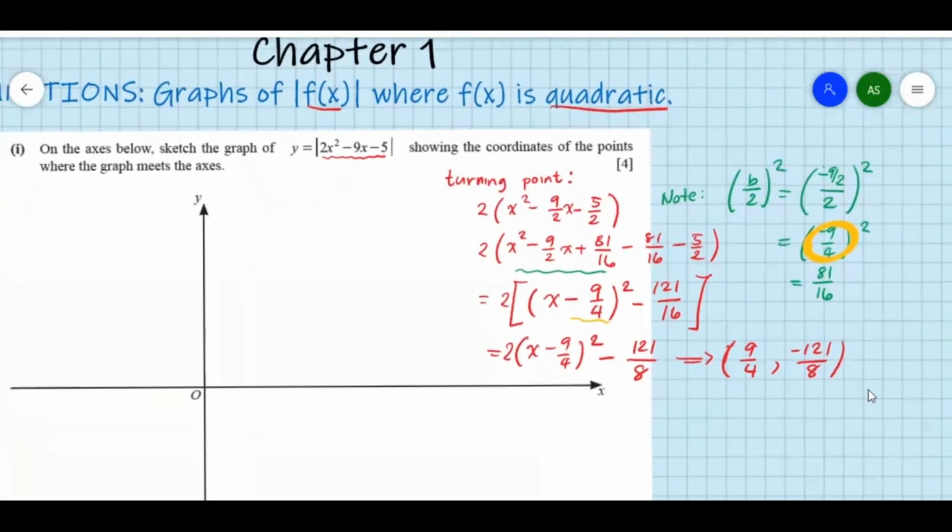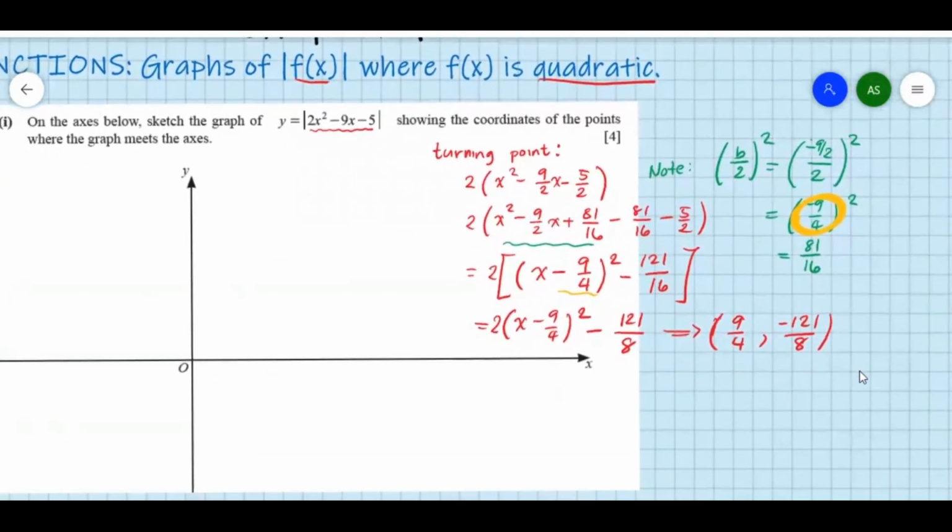All right, so the next thing is we need to find your y-intercept, and to find the y-intercept again, we let x equal to 0. And when x is equal to 0, it will give us y is equal to negative 5.